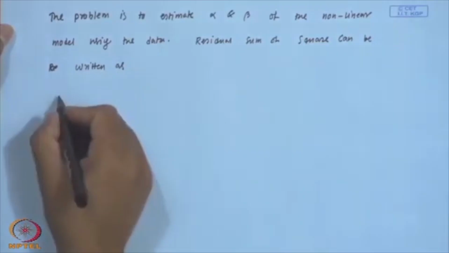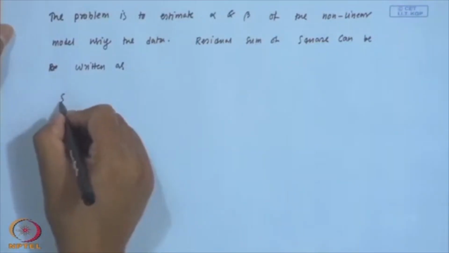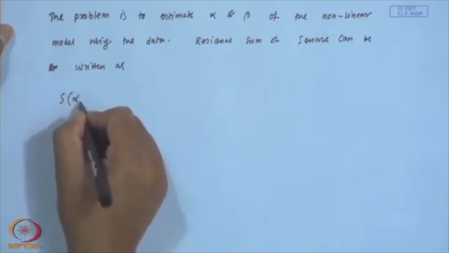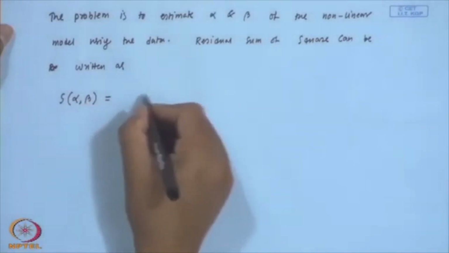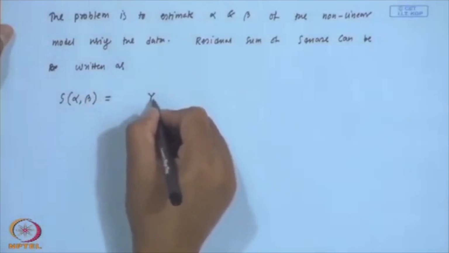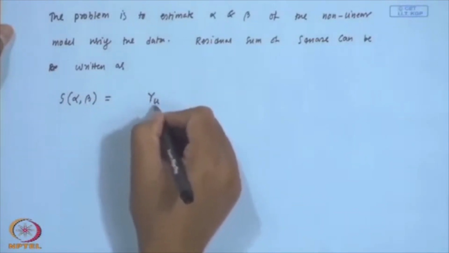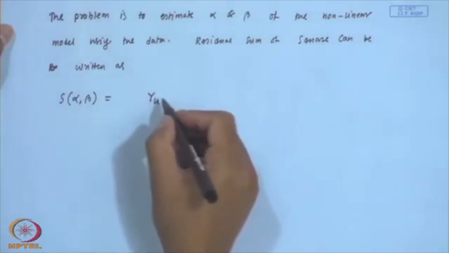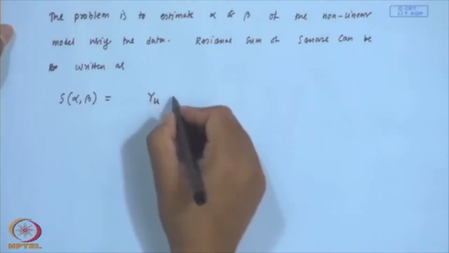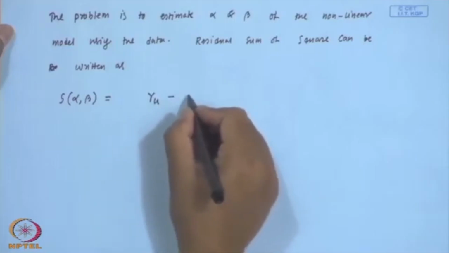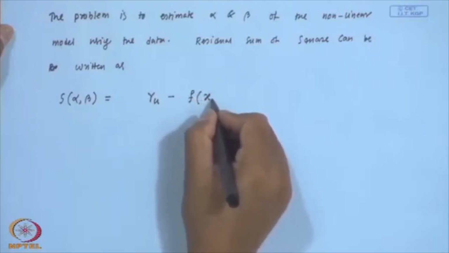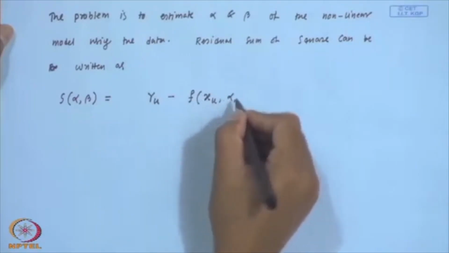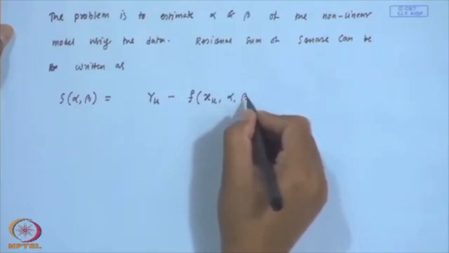the residual sum of squares, or maybe the least squares function, which is S of alpha, beta. This is equal to y_u, the uth observation of the response variable y, minus f of x_u, alpha, beta.